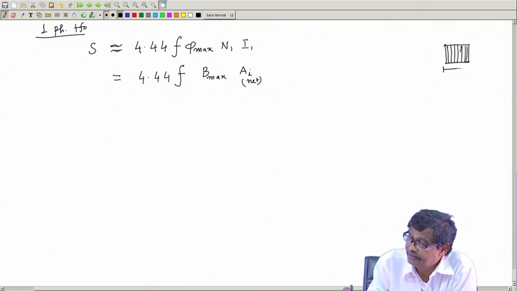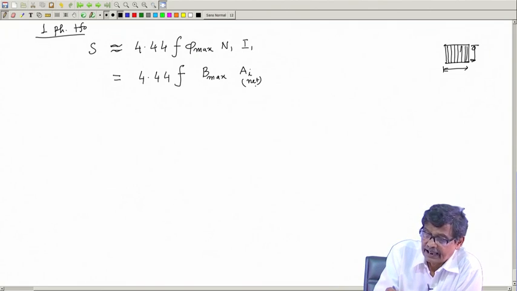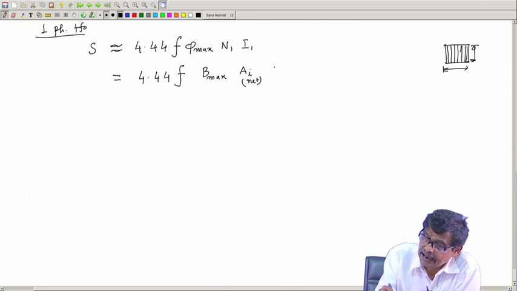Overall area will be slightly higher, because the plates are kept side by side, there may be a little bit of air in between. So, this is AI net, B max into AI net gives you phi max, then N1 is there and I1 is delta into A1.